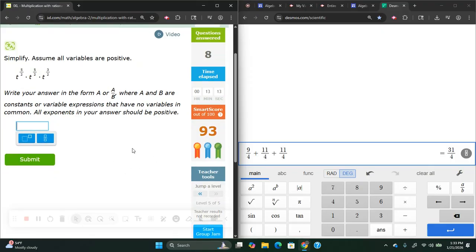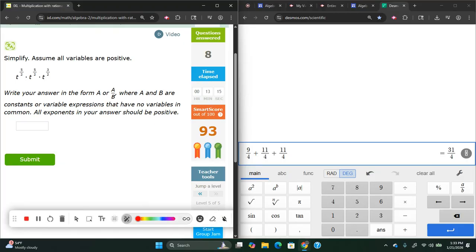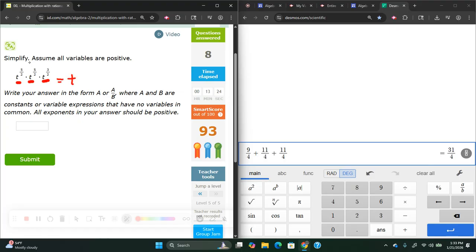Maybe we have time for one last one over here. Same thing. So the base t is the same. So the answer should be t, and then you add all the exponents together. So 5 over 2 add with 5 over 2 add with 3 over 2.